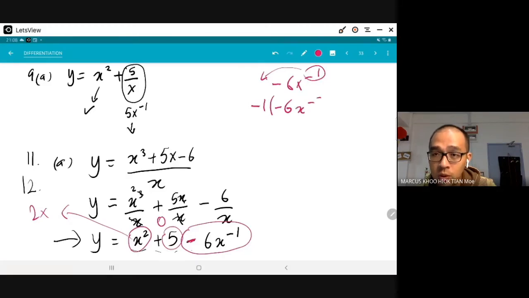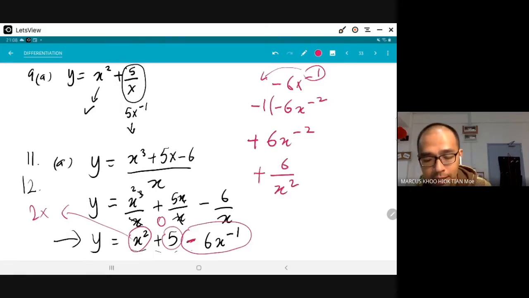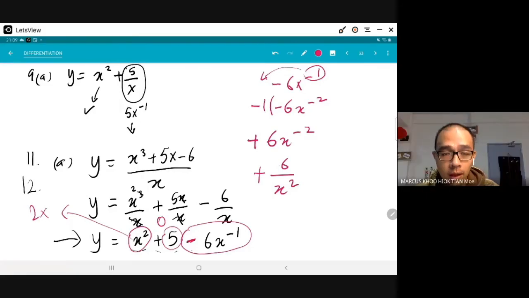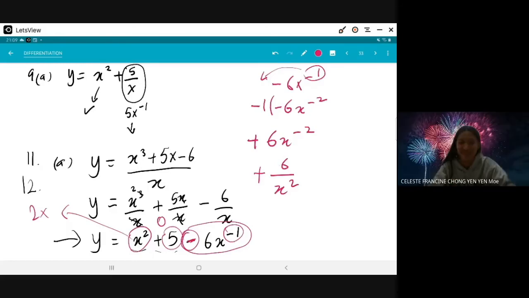So you get plus 6x to the power minus 2. Then you bring the x to the bottom, so it's 6 over x squared. Positive, plus. Good that you caught that, because this is a very common mistake. A lot of people forget that in front of the 6 there's actually another negative. So be very careful with that. Okay, thank you. Good for you.